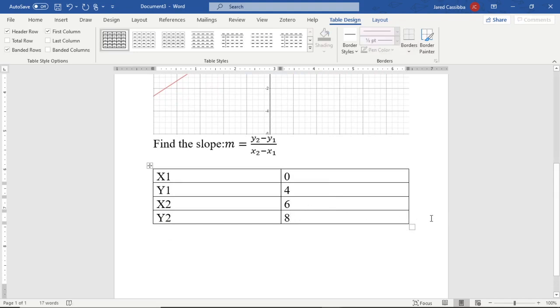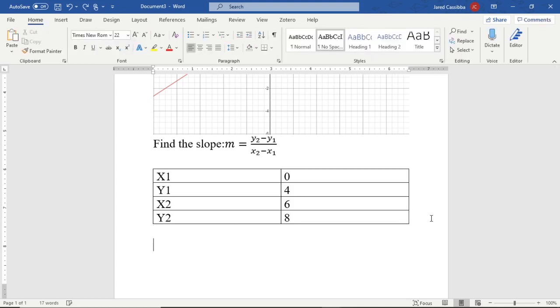So now we can figure out what our slope is. I'm going to copy this equation, and now I'm going to start to fill it in. So our y2, well that's right here, that's an 8. Our y1, which is right here, that's a 4. Our x2, well that's a 6. And our x1, well, that's a 0.